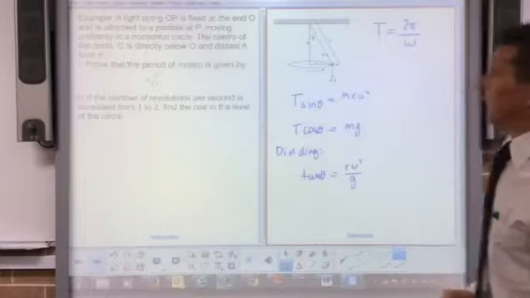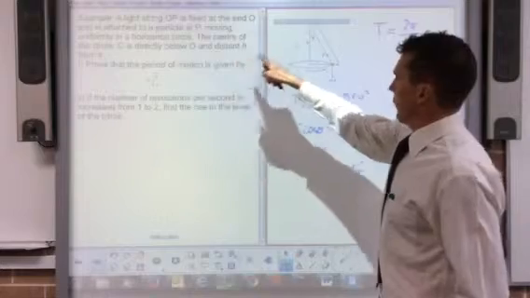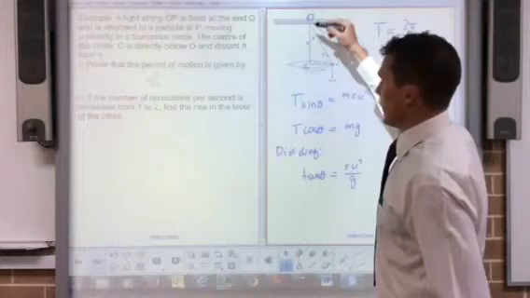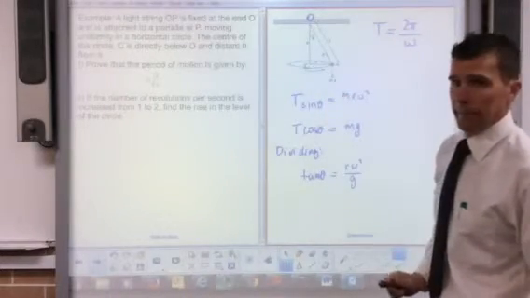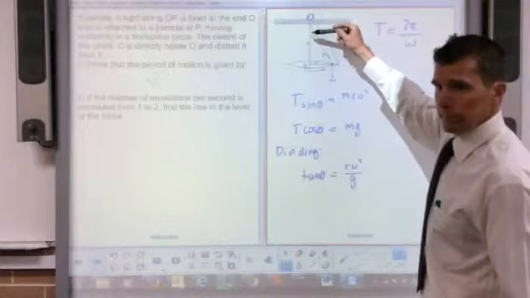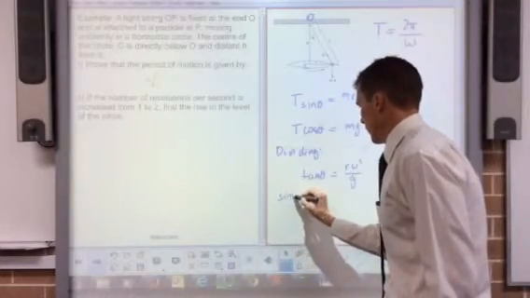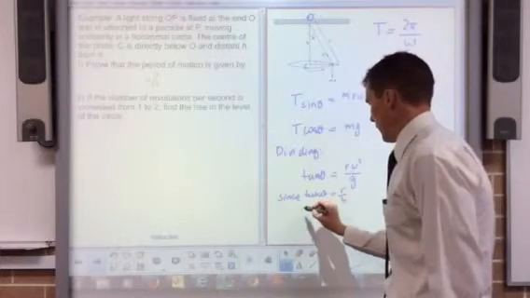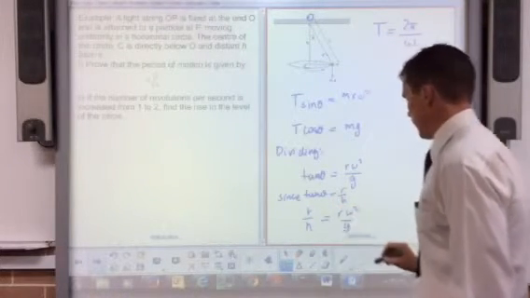From our diagram here, we're told that this distance from where it's connected here at O down to the centre of motion C is h, and we're also told that the radius of motion is going to be r. So we can say there that tan theta will be what? R on H. So since tan theta equals R on H, we can have R on H equals R omega squared on G. That'll cancel nicely.